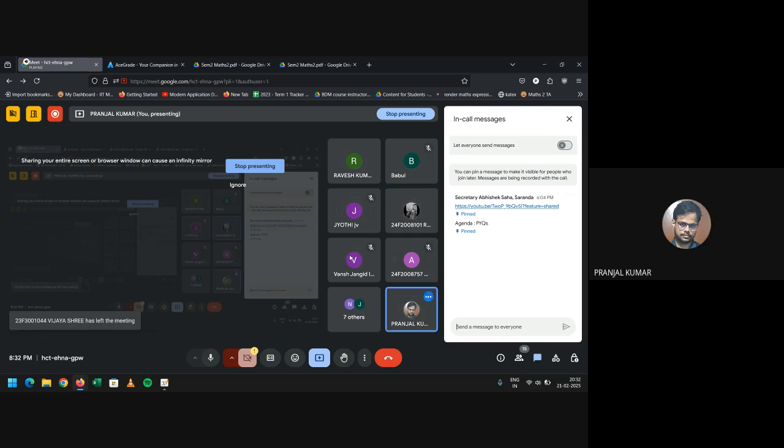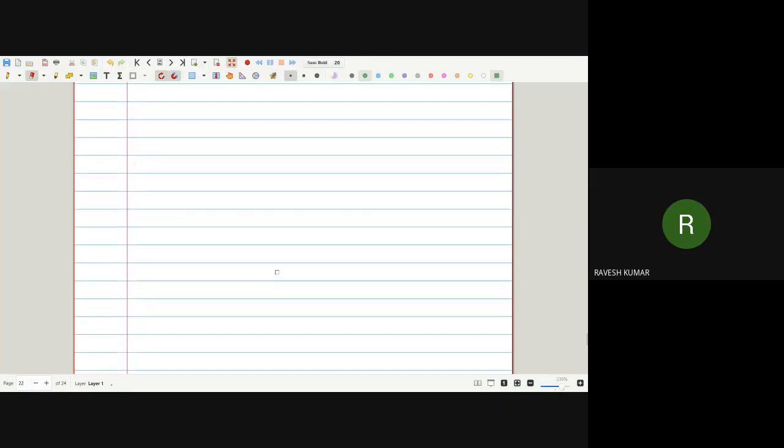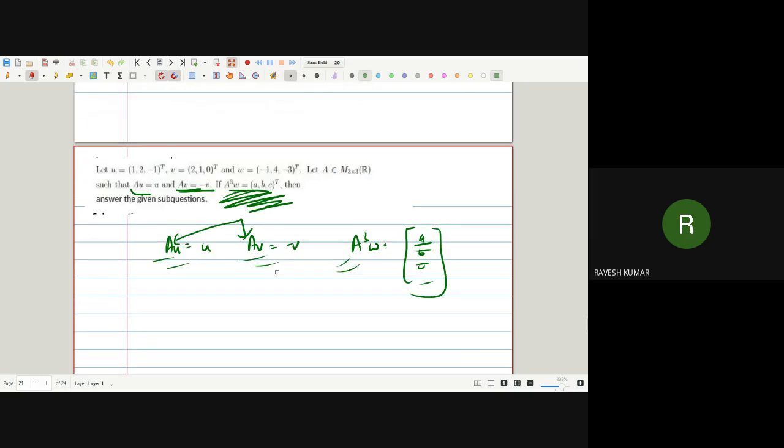Sir, in the previous question, we have to express it as a linear combination of W, right, by solving this equation which you have given? See, first of all, you should know A is not given to you at all.